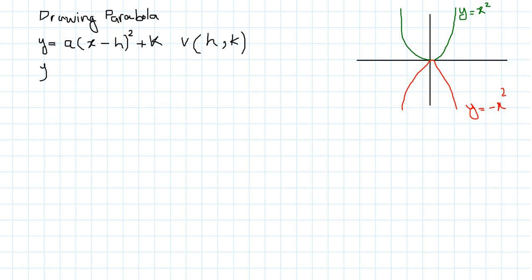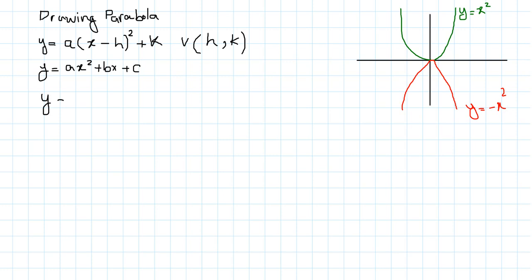Another shape is when you have ax squared plus bx plus c, which is the standard form of the quadratic. Now let's start with some examples so you can understand it better.